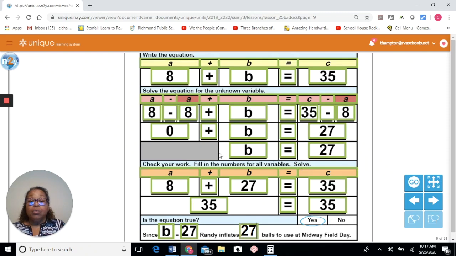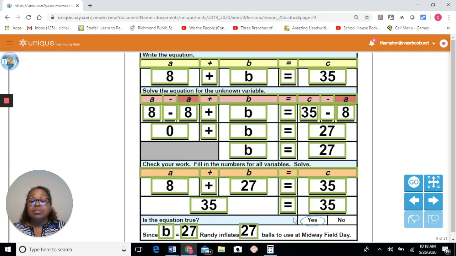So we were able to isolate B. We found that B would equal 27. Now we're checking our work with the original equation, A plus B equals C. 8 plus 27 should equal 35. We solved this part of the equation because there was an operation there. 8 plus 27, we found that it was 35 on that side, which equals 35 on this side. That means the equation is true.